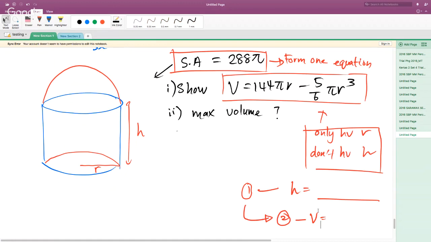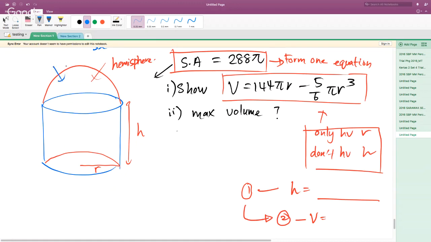The volume equation here is just the cylinder plus the head, which is a hemisphere. Okay, so let's try to solve this. The first thing is I'm trying to find the total surface area.